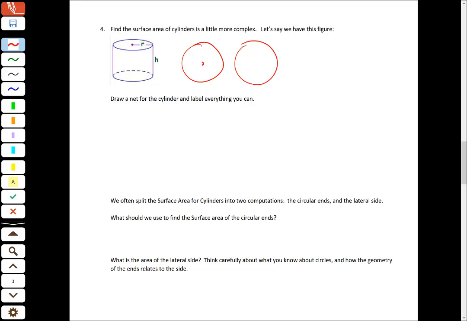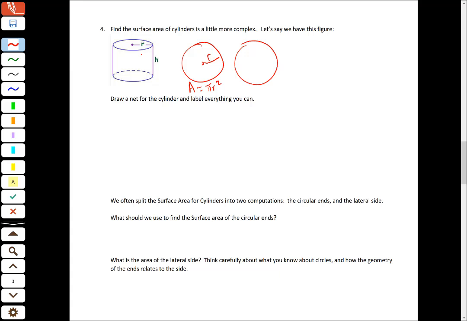And the dimension is just the radius, and that's all I care about to find the area, because the area of those is pi r squared. And then I have what they call the lateral area, which is the part of the can that's on the side, right?